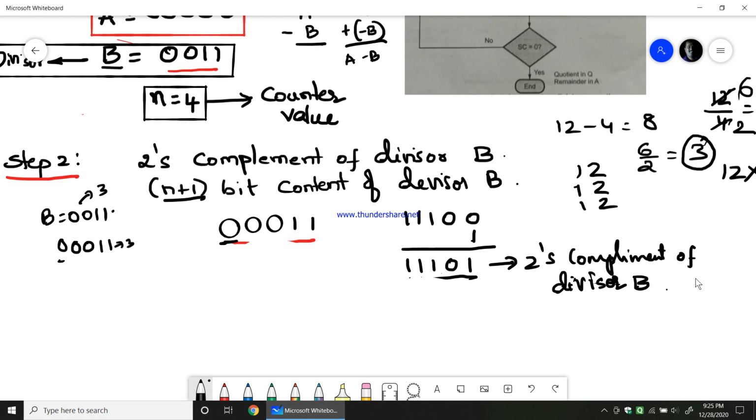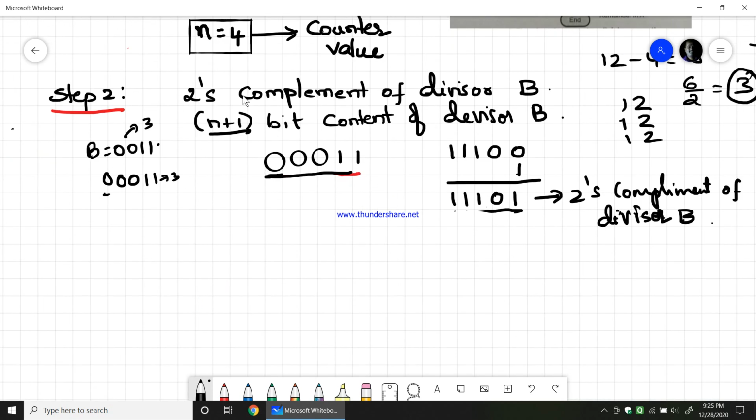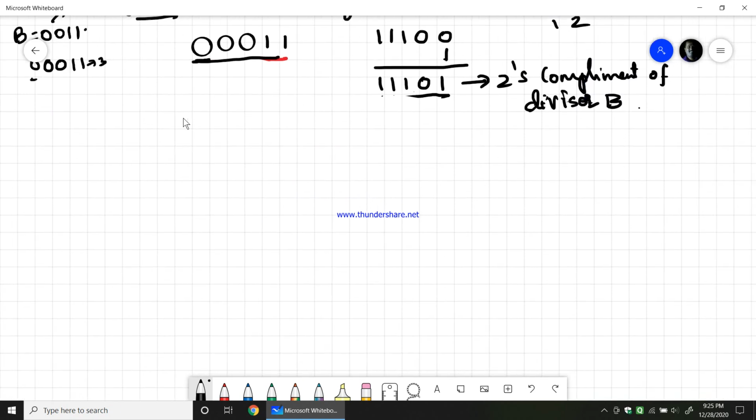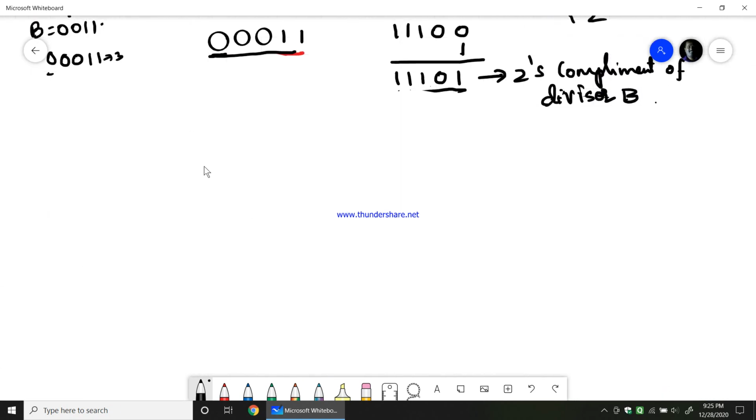Now my next process is to create 3 columns: register A, then Q, which is the dividend, and then the counter value N. We know that the initial value of A is all zeros, 5 zeros.